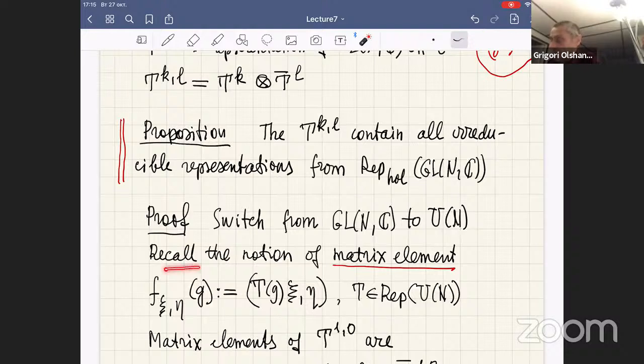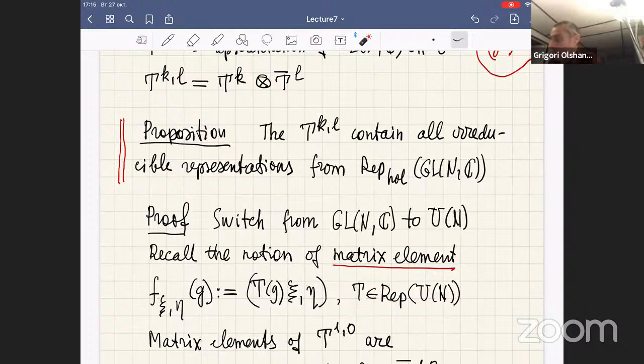And I recall the notion of a matrix element. A matrix element is given by a choice of two vectors, xi and eta. It is a function on the group. In my situation, I want to take G in the unitary group, and this function is given by this simple formula. Here T is some arbitrary representation of the unitary group.